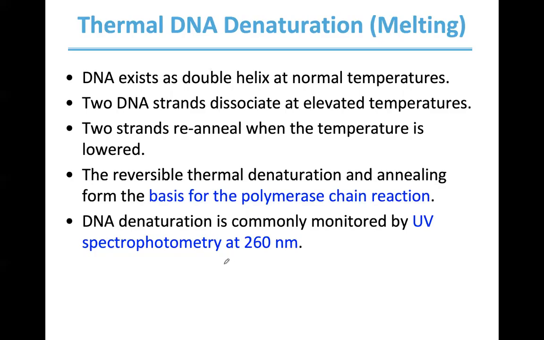And so this is actually a very interesting phenomenon. When you have base stacking, when you have aromatic systems stacked upon one another, and you excite them with light, oftentimes this will be quenched.